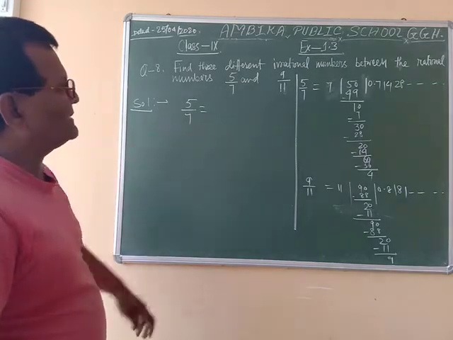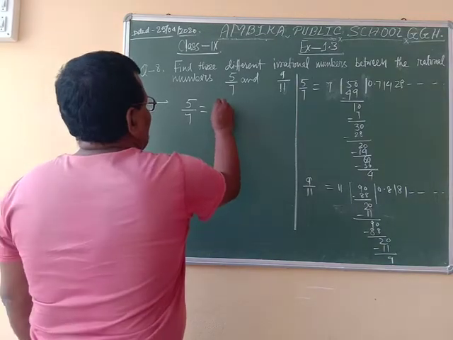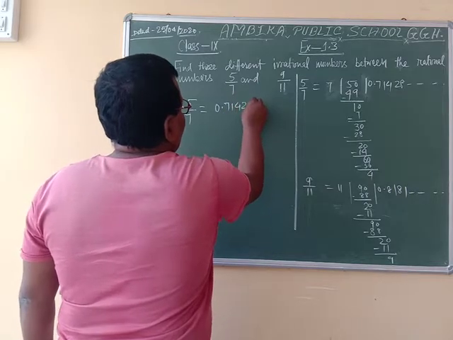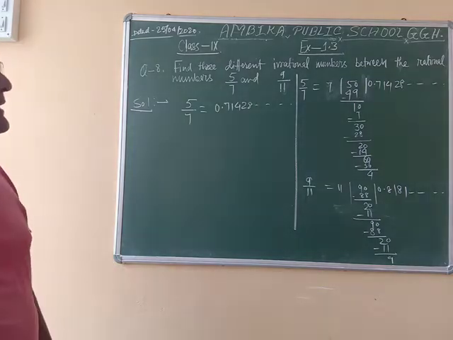After dividing 5 by 7, we get 0.71428 ..., a non-terminating decimal.